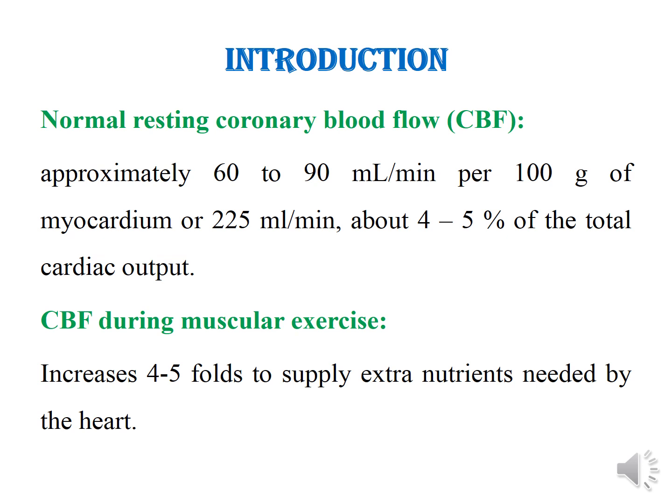Introduction. Resting coronary blood flow in the normal status is approximately 60 to 90 milliliters per minute per 100 grams of myocardium, or 225 milliliters per minute, about 4 to 5% of the total cardiac output.